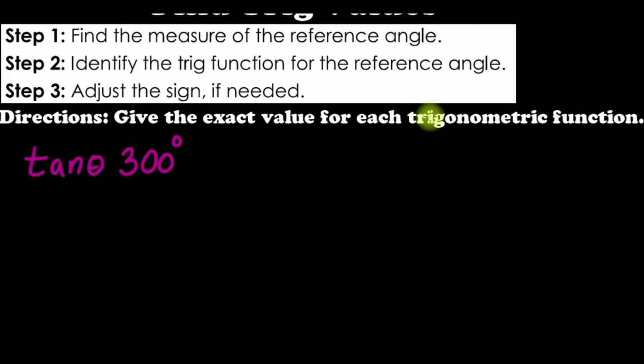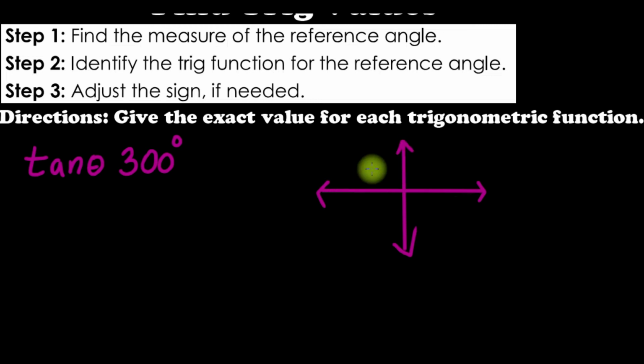First thing we have to do is find the reference angle. First, draw a picture of a coordinate plane so that you can easily understand what the reference angle is and how to come up with it.